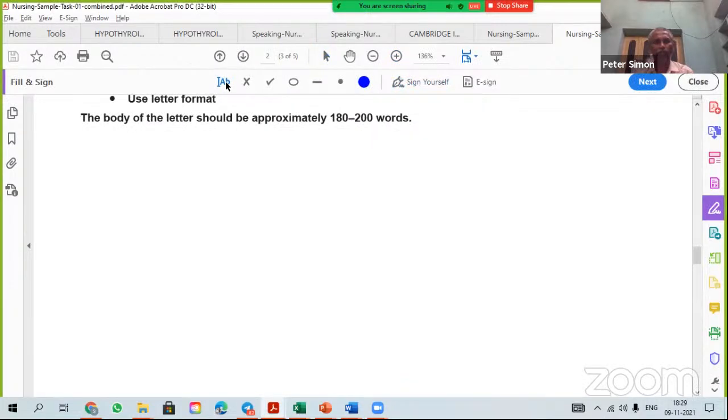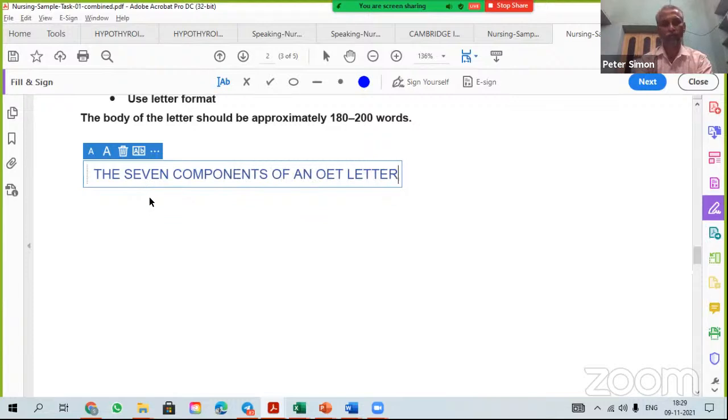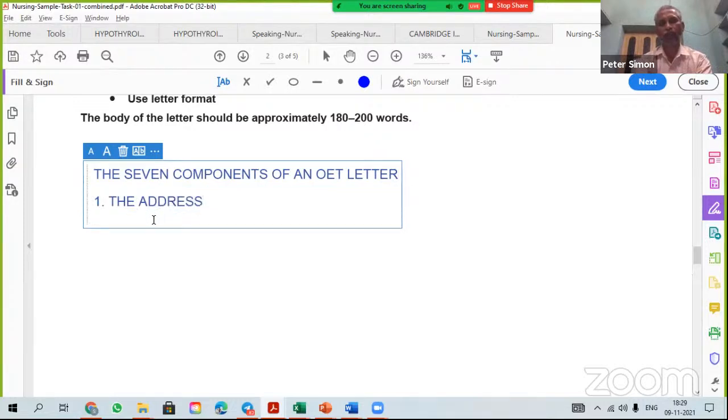Number 1, the 7 components of an OET letter. Number 1, the address. Number 2, the date. Number 3, the salutation.